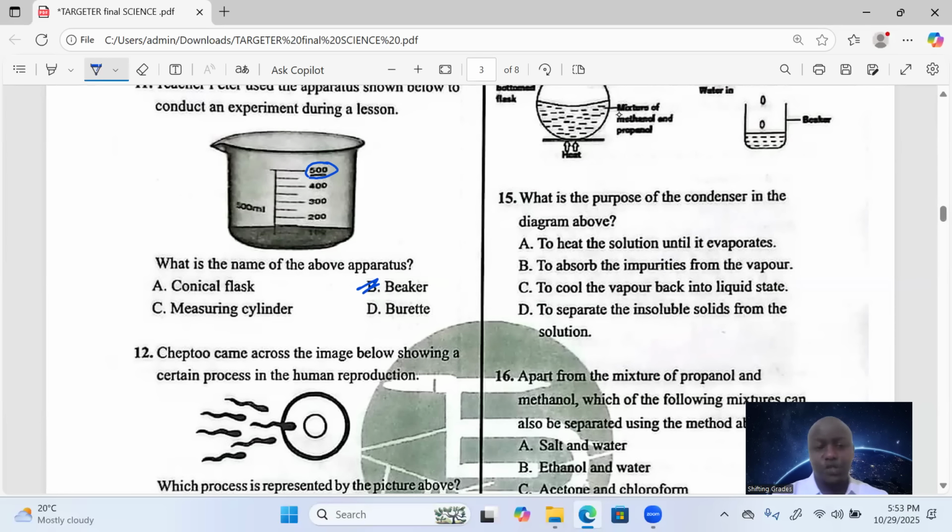A measuring cylinder is also narrow. That one measures volumes, but it is usually a very narrow one. This is how a measuring cylinder would look. A bit narrow, but still used to measure volume. Then a conical flask, of course, that one has a conical base. Conical flask is flat bottomed, but it is conical in shape. So this cannot be conical.